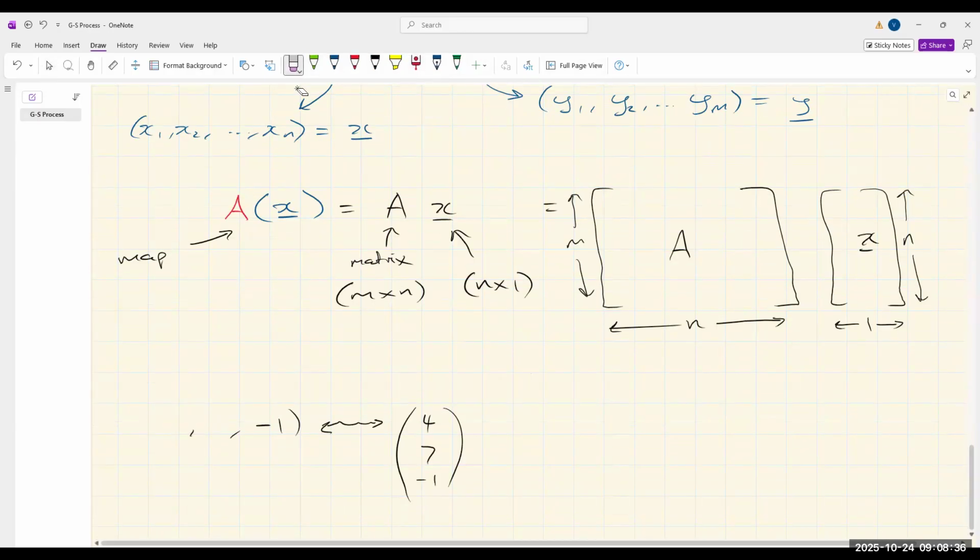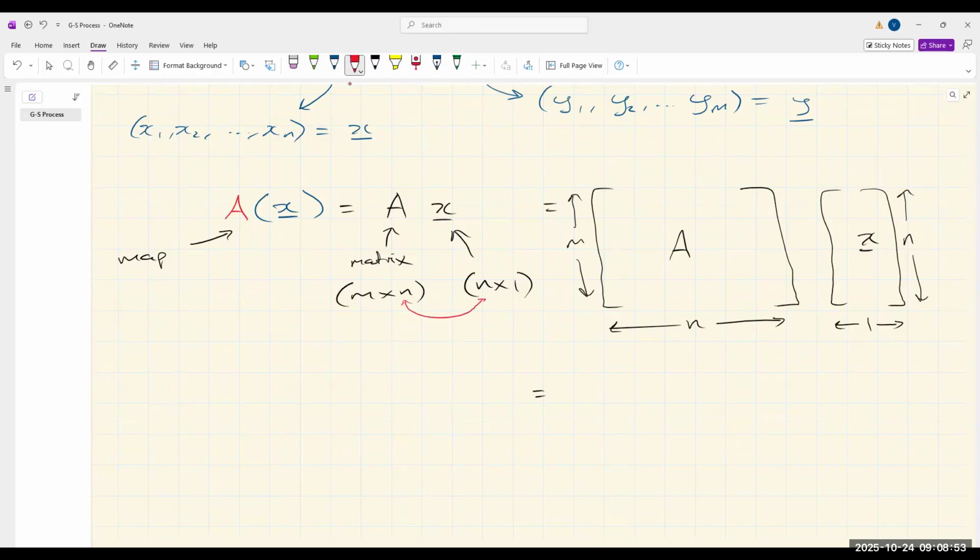Okay. So this map A is basically taking an m by n matrix and multiplying it to the left of this vector. And of course, you all know how matrix multiplication works. It only works if these two numbers are the same, right? And the size of the answer you get is m by 1. Okay, so m rows and n columns, so you get this guy I'll call y.